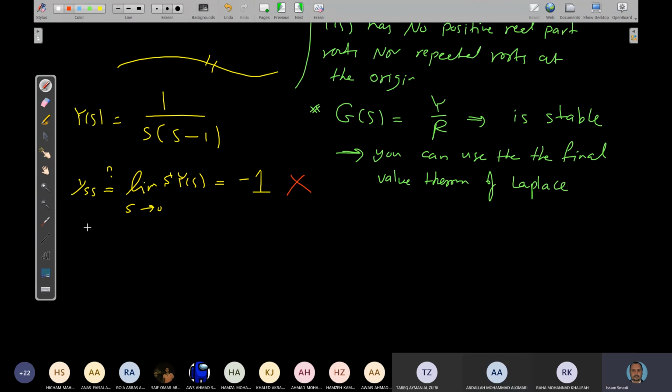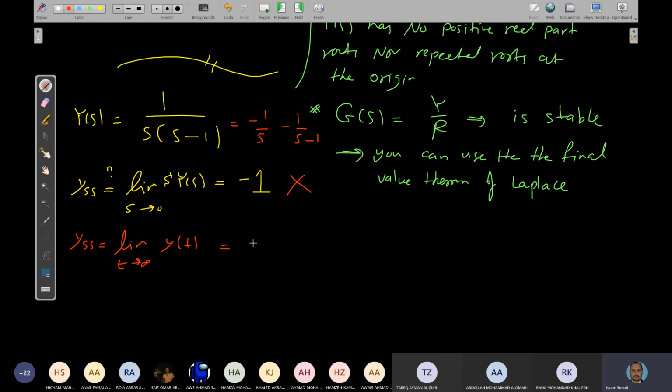Why? Now let's see. In general, y steady state is the limit when t goes to infinity of y of t. And if I do the partial fraction expansion here, this will be what? S will eat the s and evaluate, so minus 1 over s, then minus 1 over s minus 1.